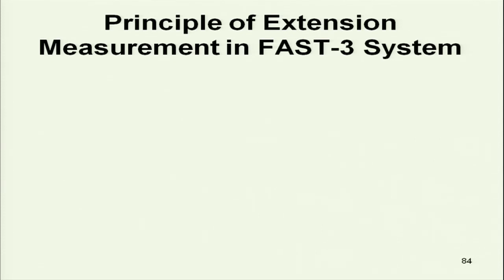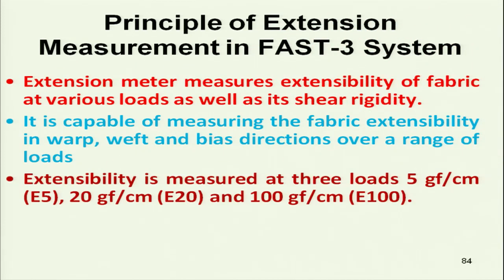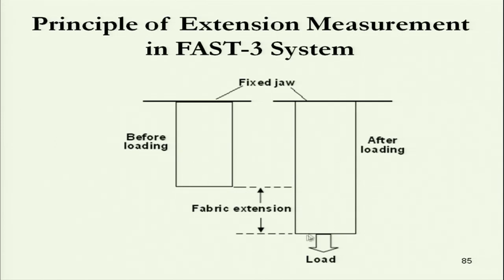I will discuss that. Similarly, in the extension principle, we have discrete values at different loads like 5 gram force per centimeter, 20 and 100 gram force per centimeter, and we can get the extension value.